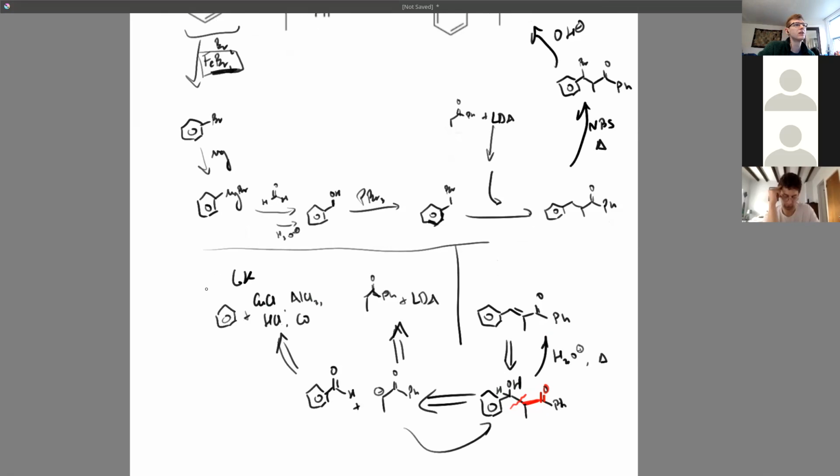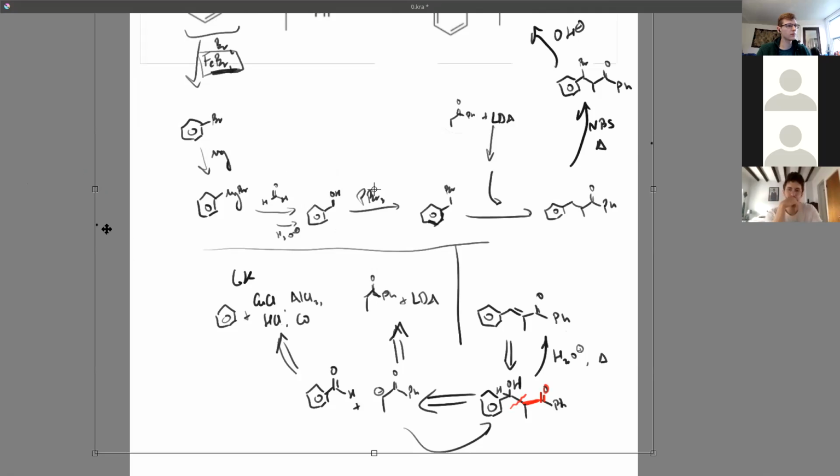So let's save this in this file. Great. Oh, why won't it let me zoom?